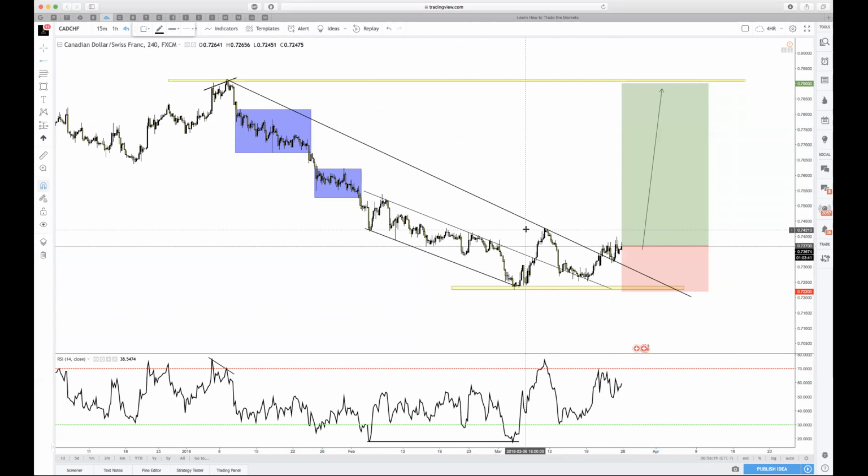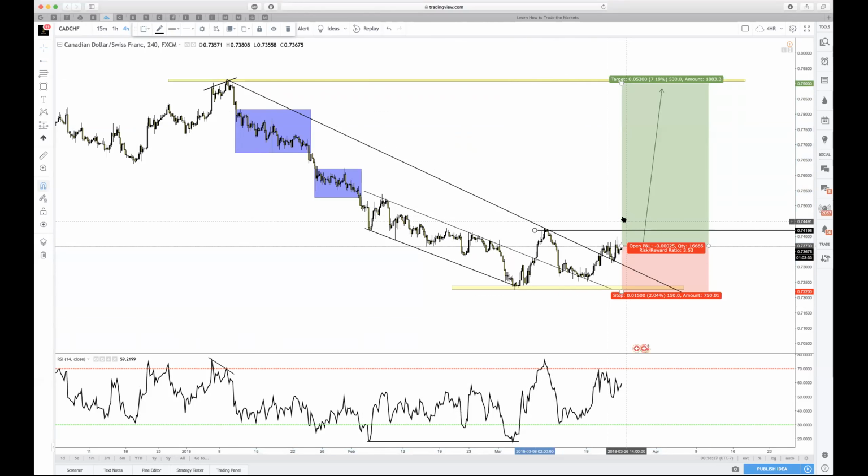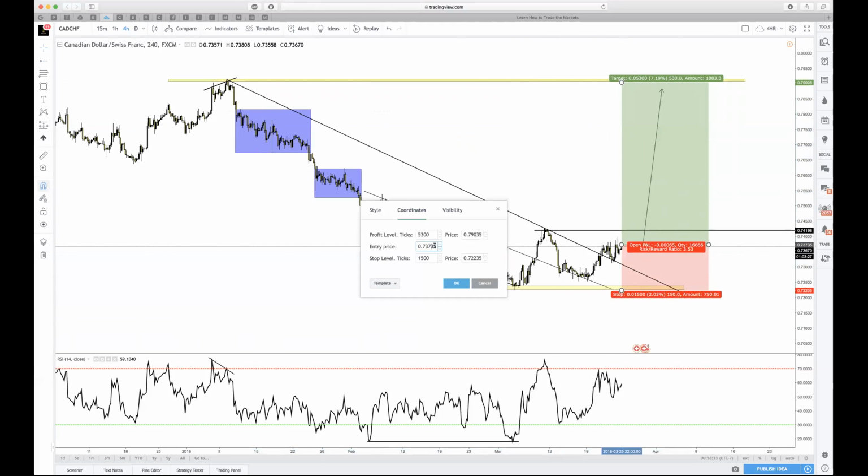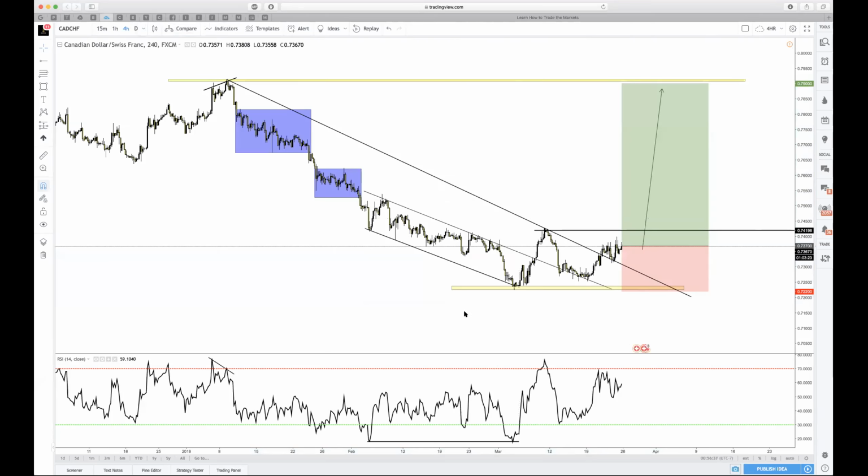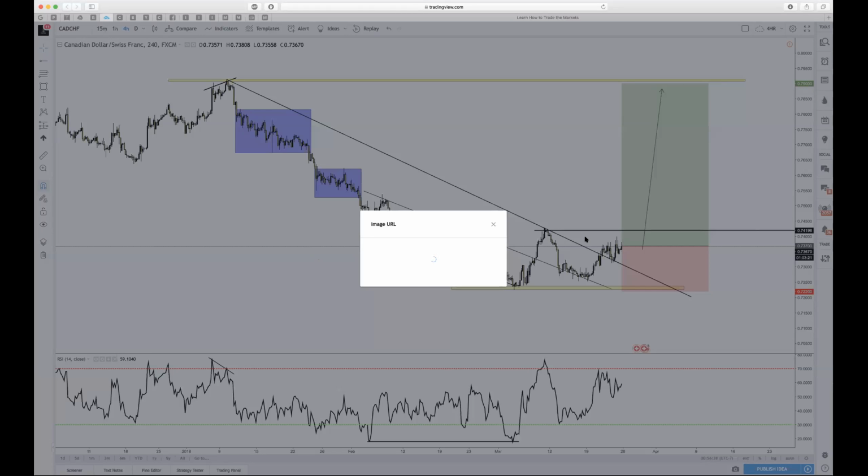So the price right about here, that was the high it created, that was a low. So the price is making higher highs, lower lows. So this price needs to break this high, make a higher high, make a lower low, higher high, lower low, just like that. 737. Okay, so let's trade this one. It looks good.